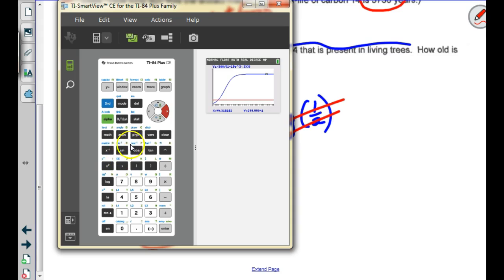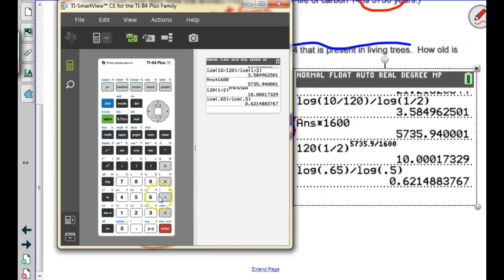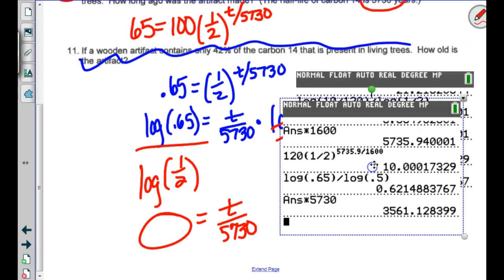So the log of 0.65, oh, I'm not on my home screen, divided by, oops, got to close that parenthesis or that'll mess you up, divided by the log of 1/2, I'm going to type 0.5, and then that decimal gets multiplied by 5730, if you can type. And we get, it'll be about 3561.1 years.